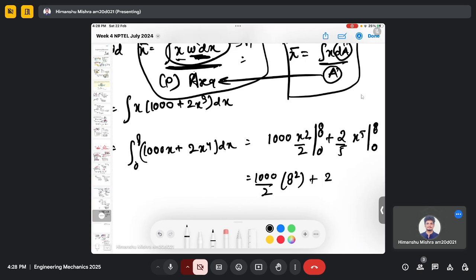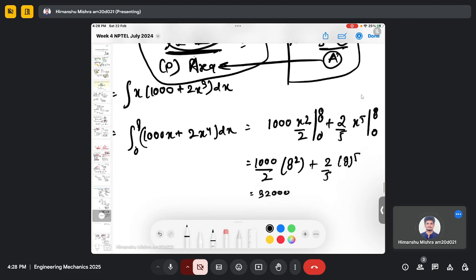So it is 2 by 5, and this is 8 to the power 5. This will be 32,000, and this will be 13107.2.